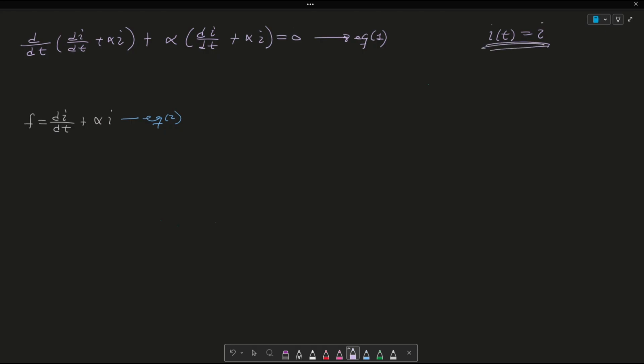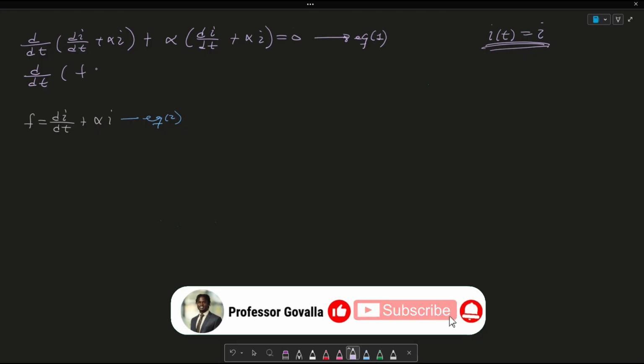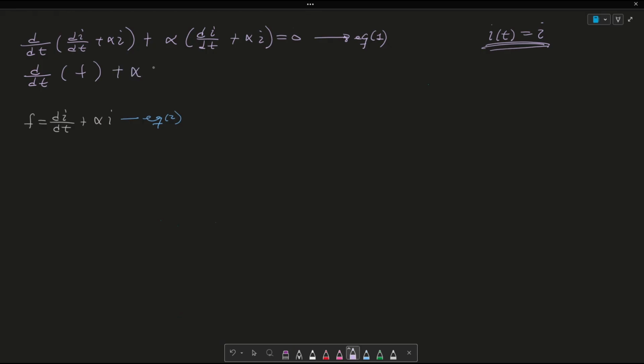So we shouldn't forget this. Now let me rewrite equation 1 again. So again, this is d over dt of f, I'm plugging in equation number 2 into here, right? Plus alpha of f is equal to 0.